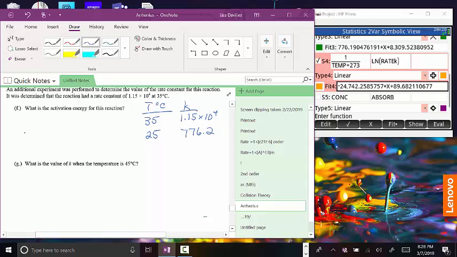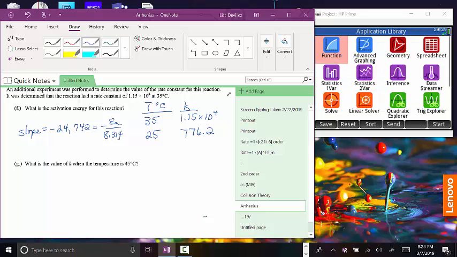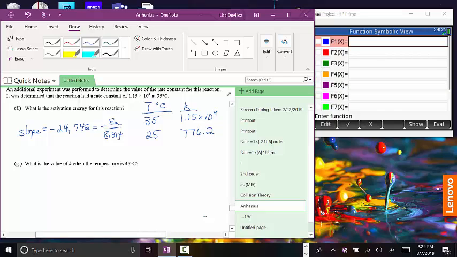So my slope is 742, minus Ea over 8.314. Okay, and we're going to go back, and I know I'm going to need this equation, so before we jump back, I'm going to copy. So copy, all right? So we're going to go back, let's get back to there, and let's do this calc.